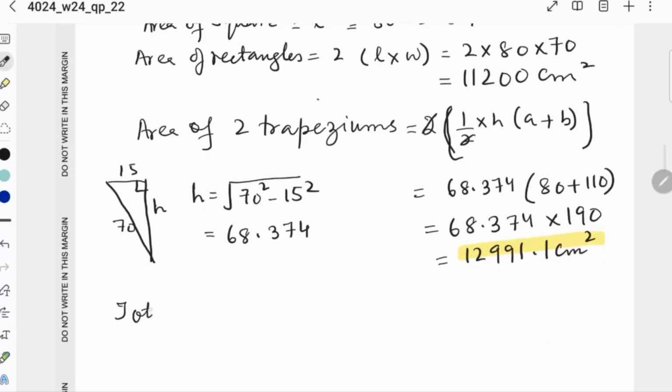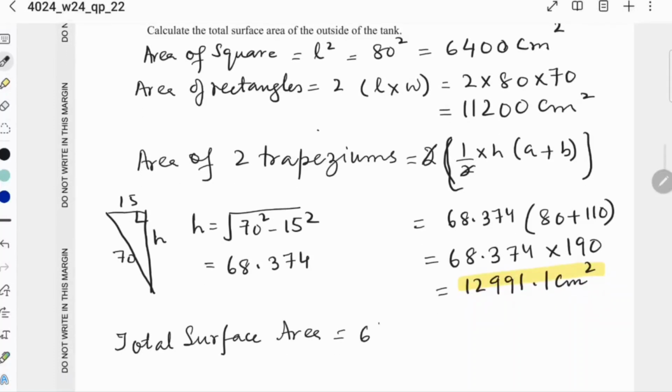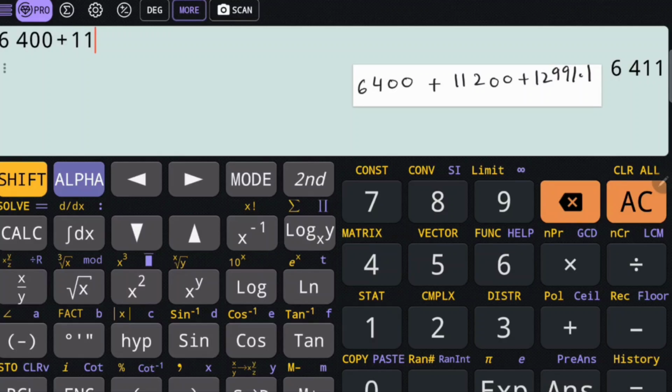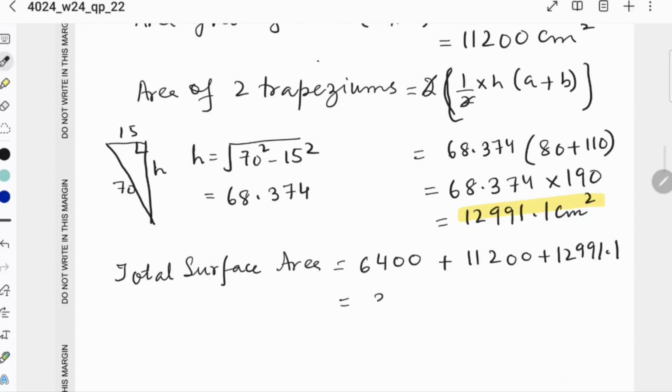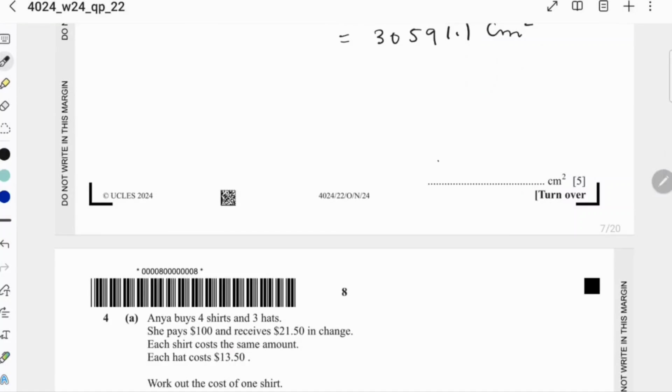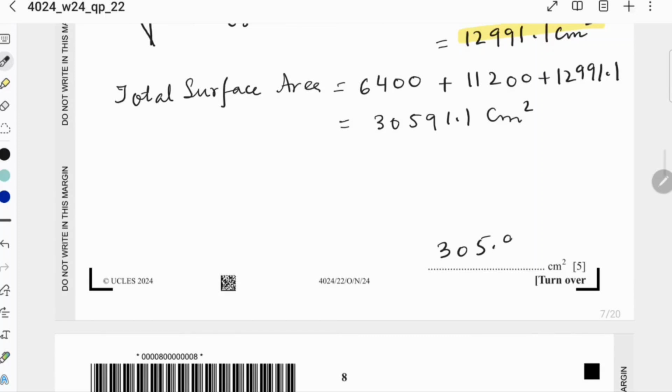So the total surface area is equal to 6,400 square centimeters plus 11,200 square centimeters plus 12,991.1, which equals 30,591.1. 30,591.1 square centimeters is the total surface area of the shape given.